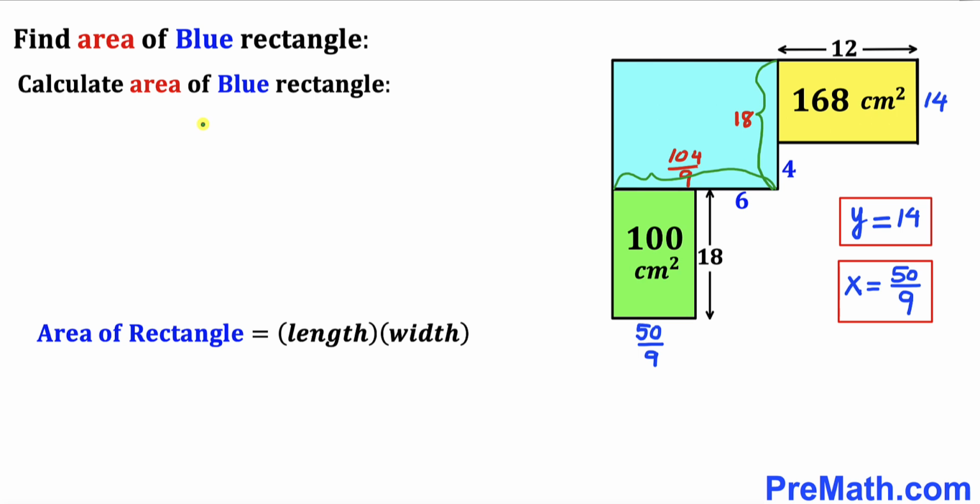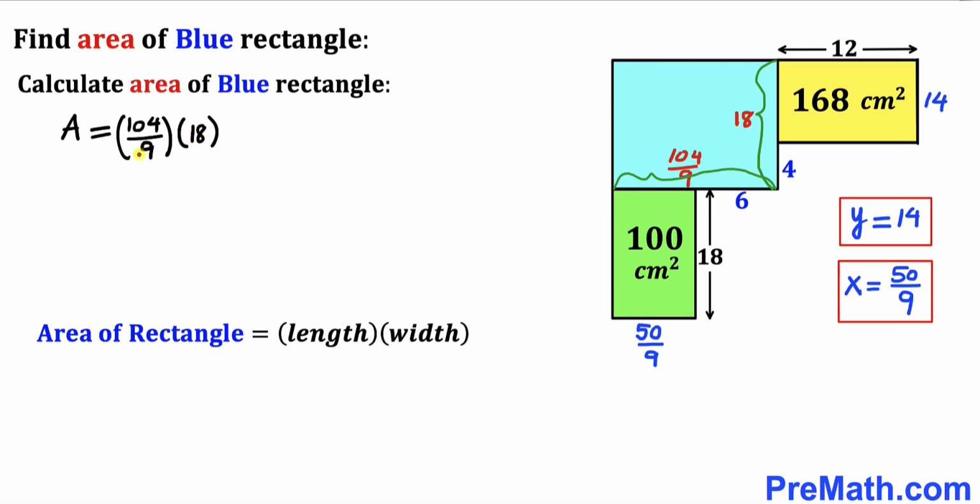And here's our final step. Let's calculate the area of this blue shaded rectangle. And we know its dimensions are 18 and 104 divided by 9. So therefore, we are going to apply this very same formula. So the area of this blue shaded rectangle is going to be, our length is 104 divided by 9 times our width is 18.